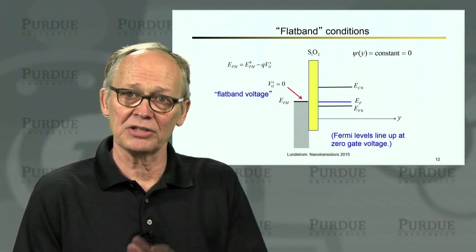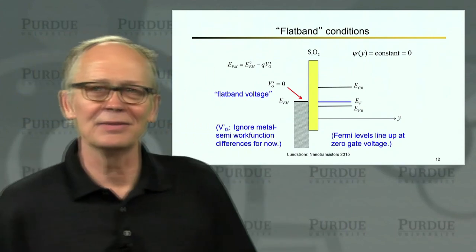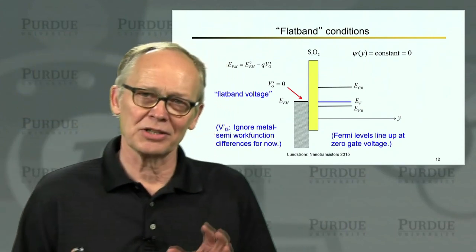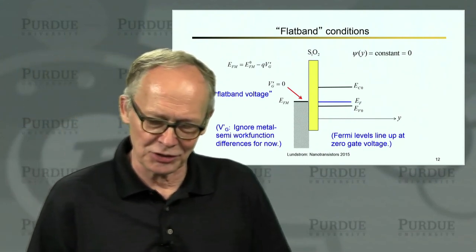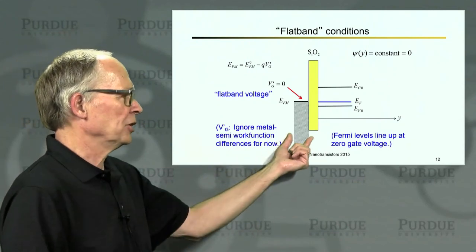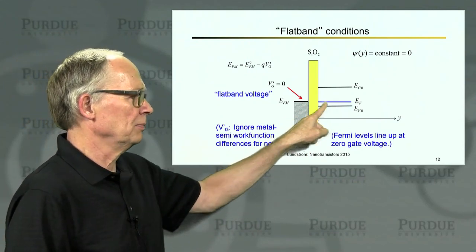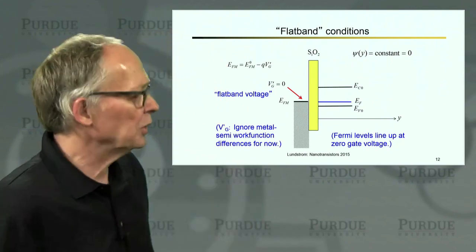I apply no voltage, everything is flat. This only occurs under a very special condition which will never happen in practice, but it's useful for us pedagogically. That is, it only occurs when we have this magic metal whose Fermi level just happens to line up with the Fermi level in the semiconductor. That's what the prime is.